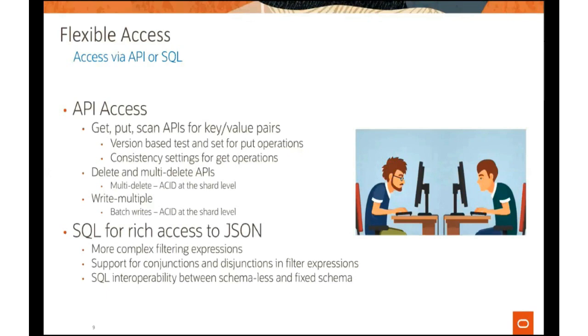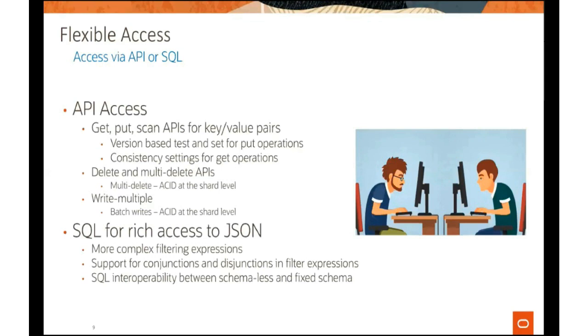Basically everything you can do in SQL in terms of the expressiveness of slicing and dicing through data, you can do in our SQL dialect, including filtering through arrays and projecting out fragments of a JSON document.